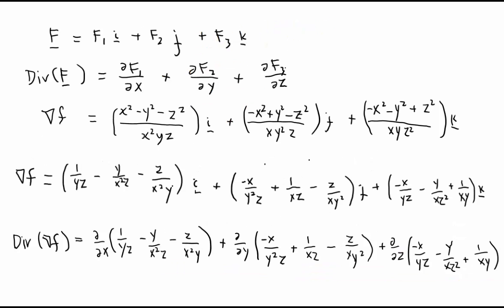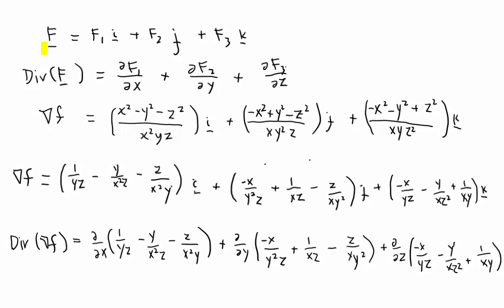Let's recall how to define the divergence of a vector field. Given a vector field, say F, equal to f1 i plus f2 j plus f3 k, the divergence of F is equal to the partial derivative of f1 with respect to x plus the partial derivative of f2 with respect to y plus the partial derivative of f3 with respect to z.